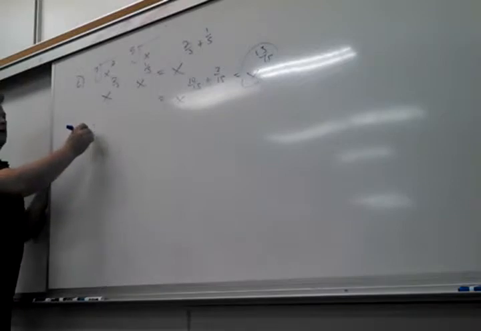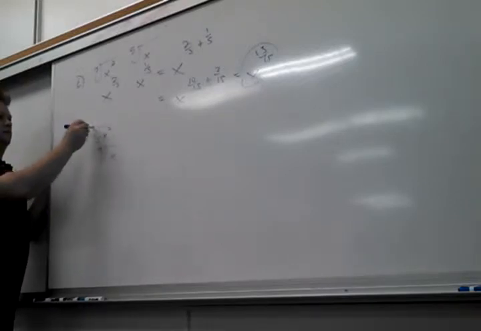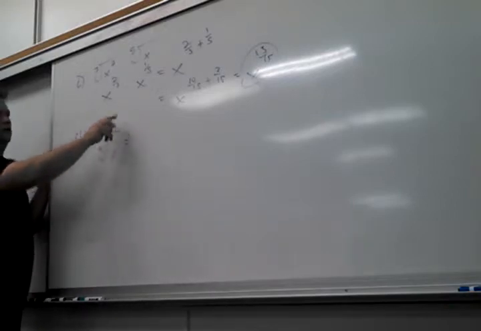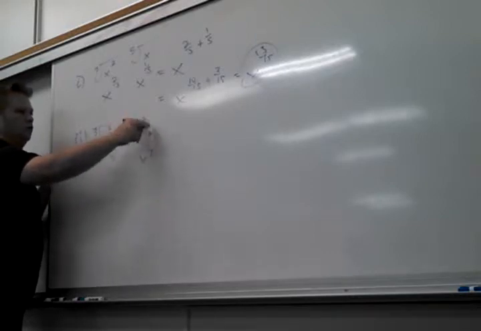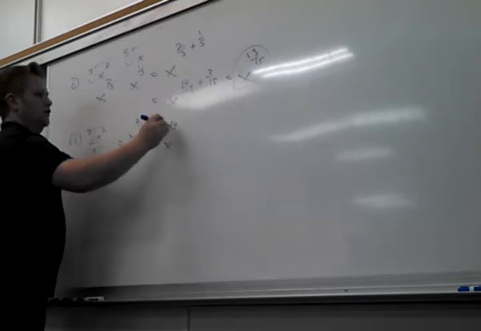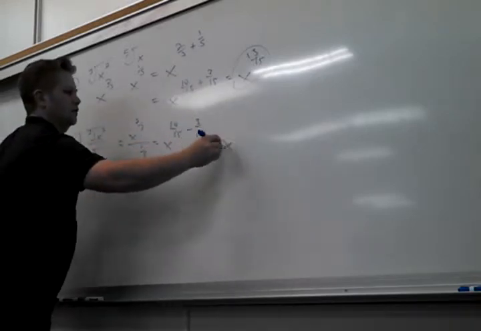So if I had the same kind of setup, except I had divided by the 5th root of x, I'd do the exact same thing. It looks like x to the 2/3 divided by x to the 1/5. What do you do with powers? Subtract. So it'll be x to the 10/15 minus x to the 3/15.